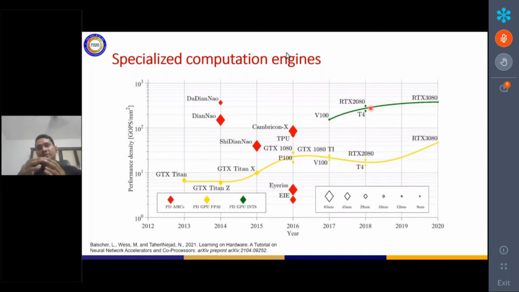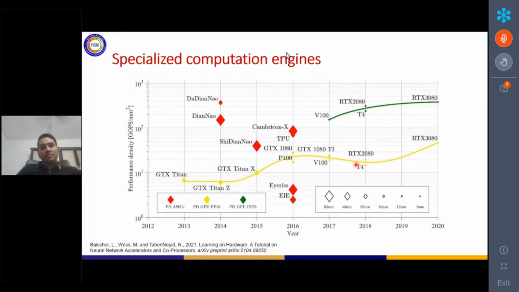Feature size or technology scaling, you cannot do, let's say, beyond 1 nanometer nowadays. So there is a certain level of performance density that you can achieve. There is a limit. Okay? So that is the main idea that you will get from this slide.